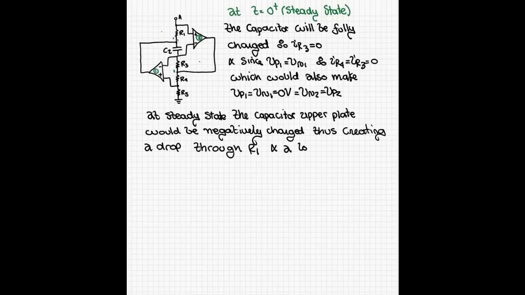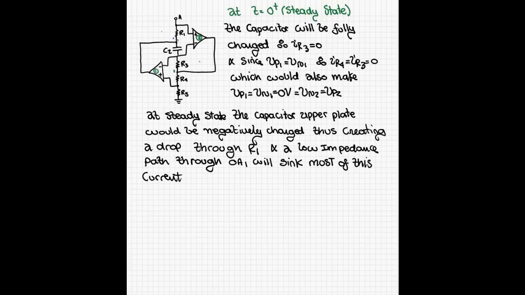And a low impedance path through OA1 will sink most of this current. Correct?